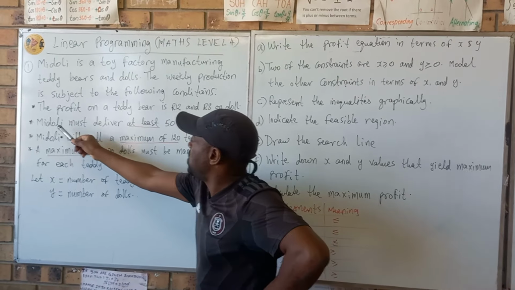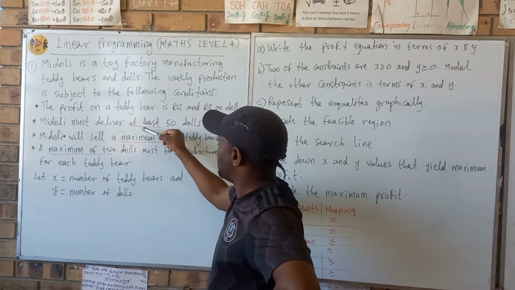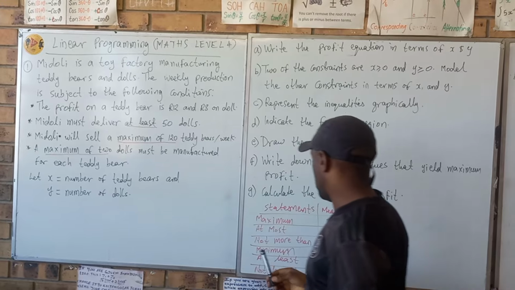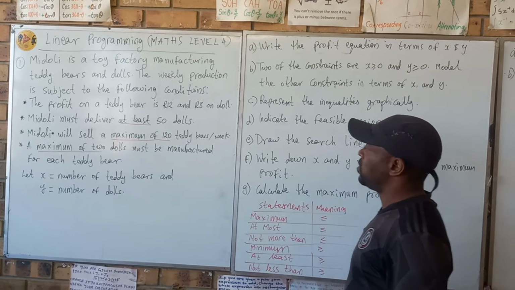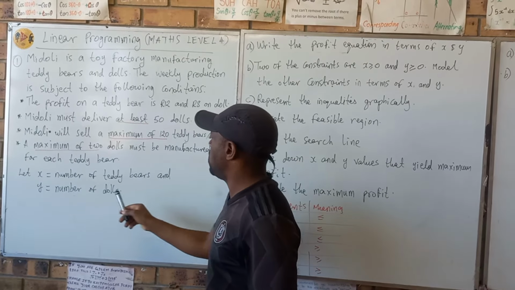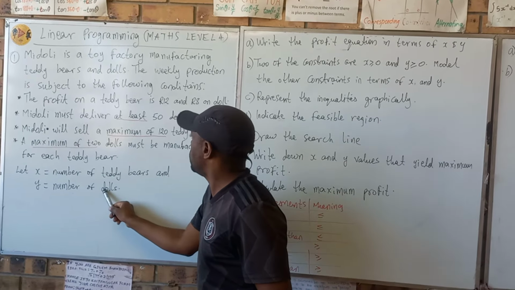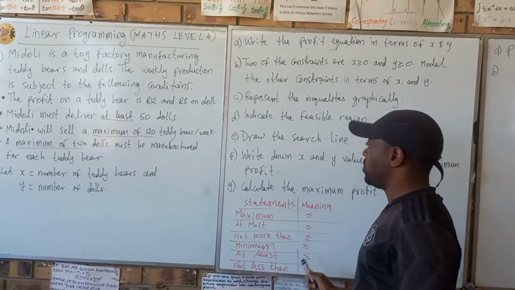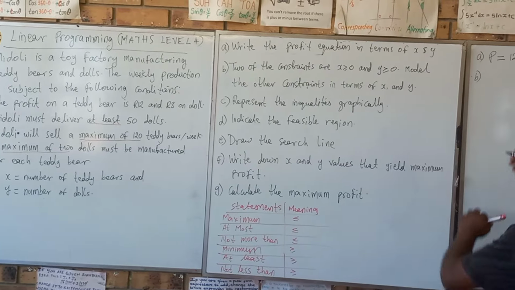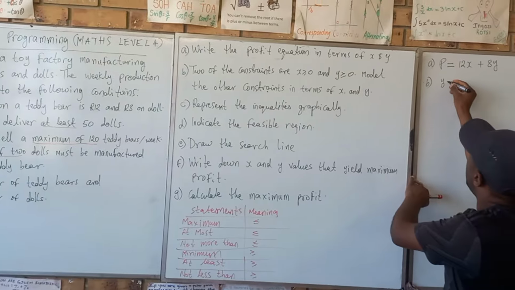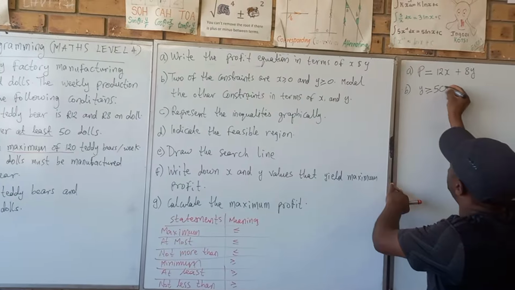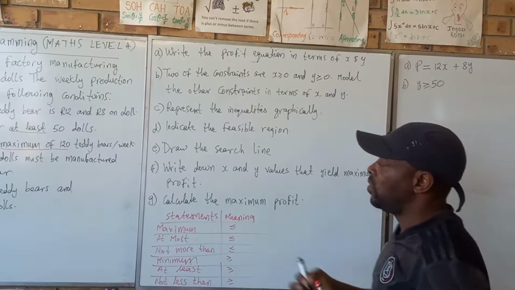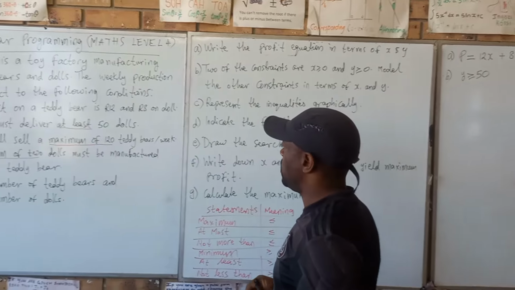The first one says Midori must deliver at least, which on my table means greater than or equal to, 50 dolls. Doll is Y. So my constraint here should be Y greater than or equal to 50, since you know that Y is the number of dolls.